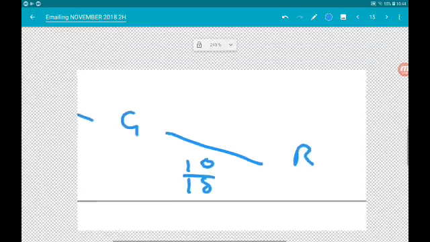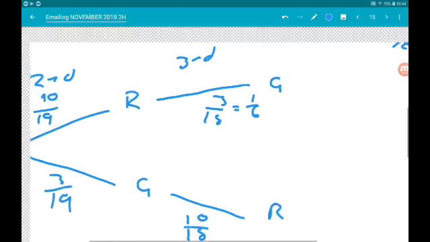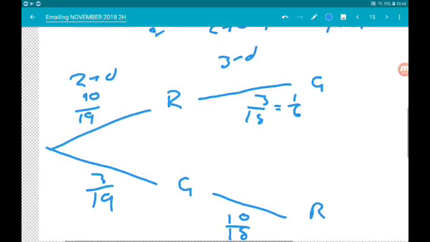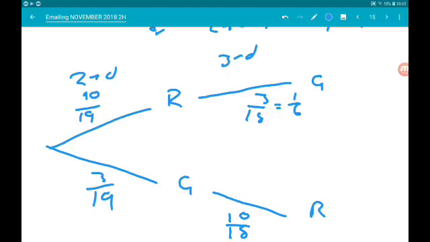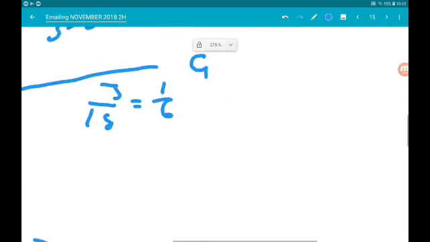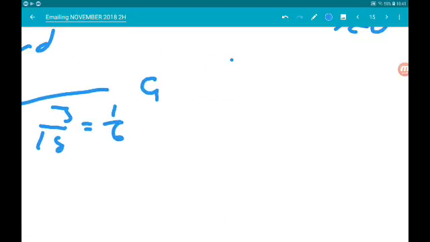Okay, so these are the two outcomes then that we care about. So we now multiply along the branches. So the top one is 10/19 times 1/6.